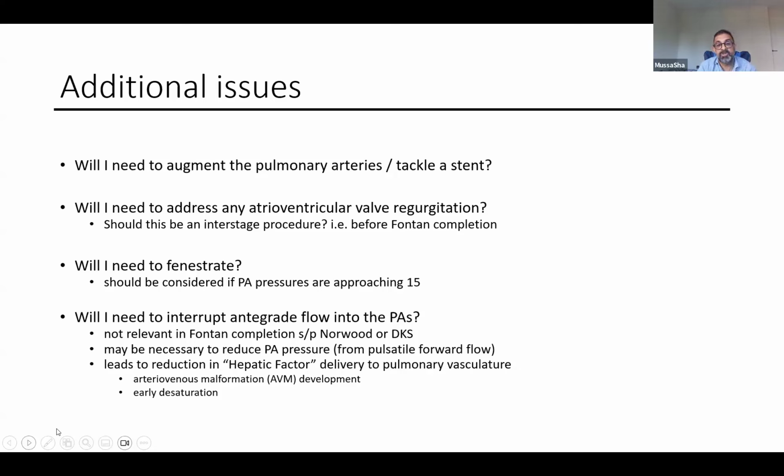And if you do get arteriovenous malformations developing, that leads to early desaturation after the Fontan operation. So it's something, again, that you need to consider. This is fine print, but all of these things need to be considered.